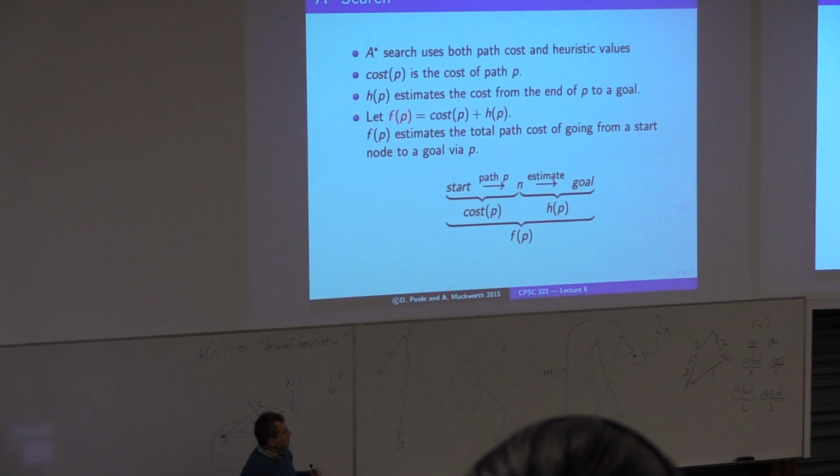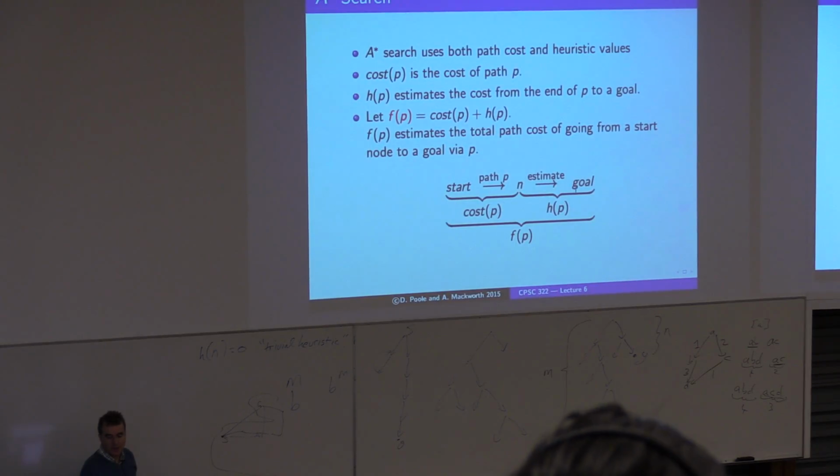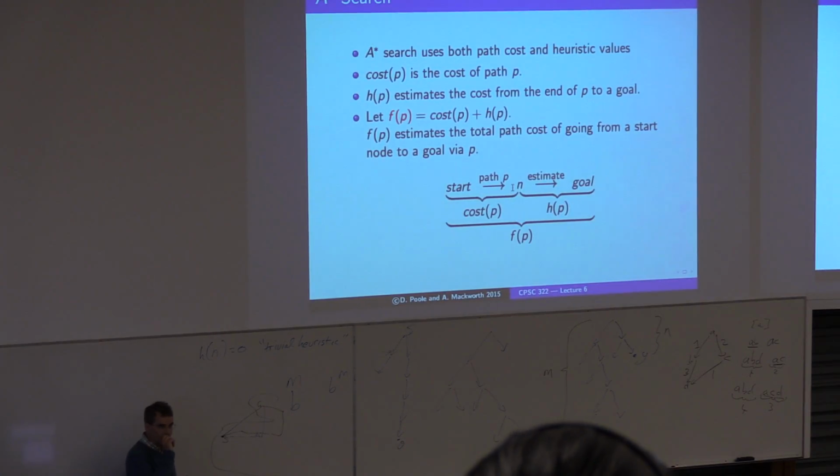We're going to let f of p be cost of p plus h of p. So it's an estimate of the cost of going from the start to the goal via the path you've already handled. Does that make sense?